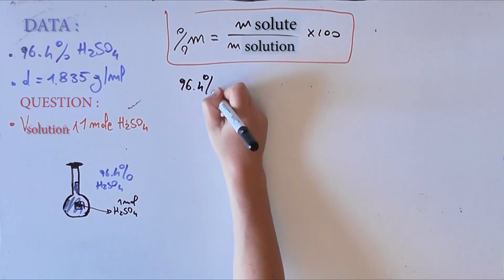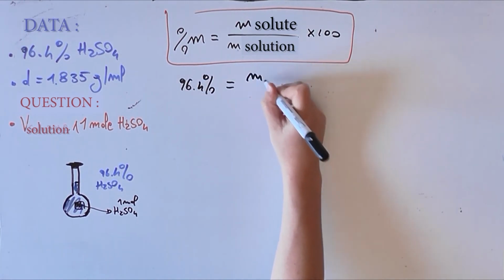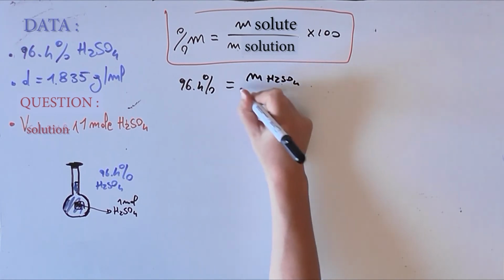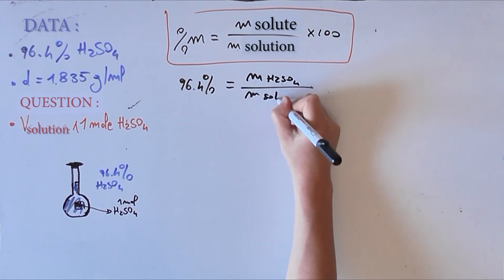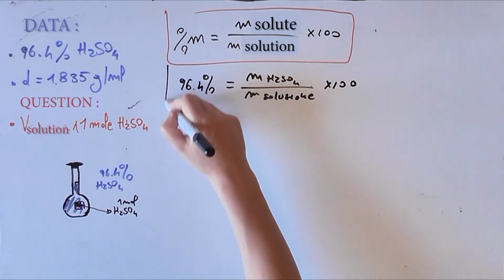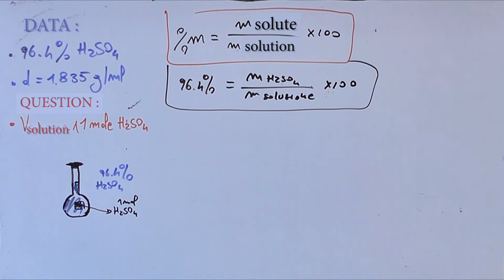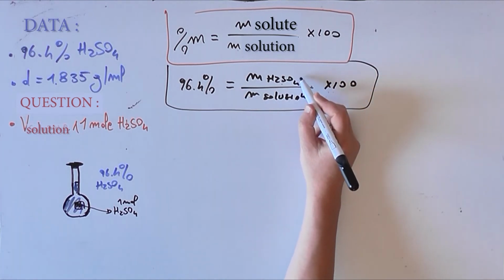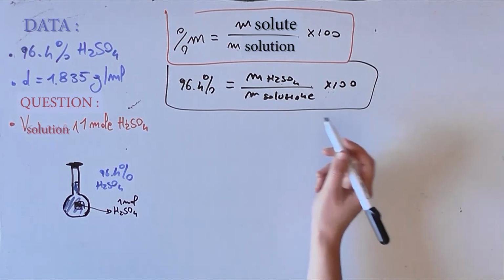So 96.4 equals mass of solute, so of sulfuric acid, divided by mass of solution times 100. So I will use this formula as software in which I can put my data and have the answer of what I need. That's the point.